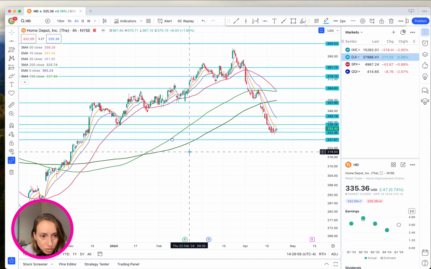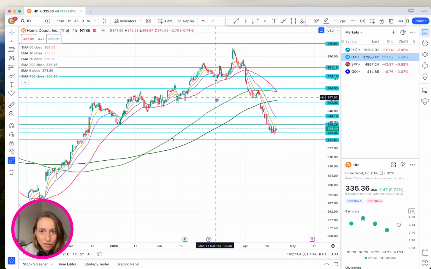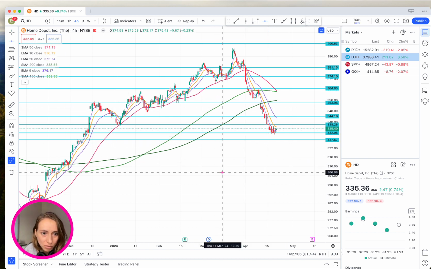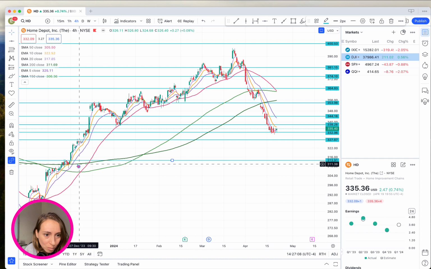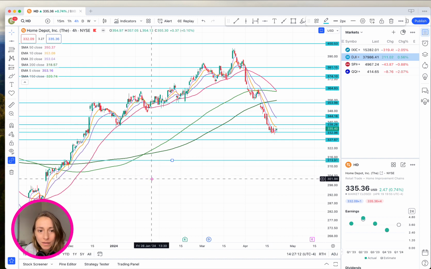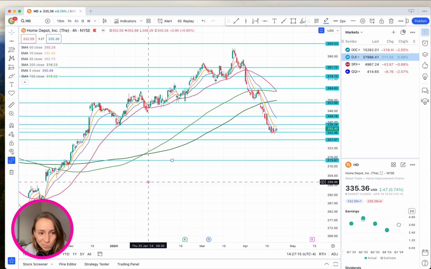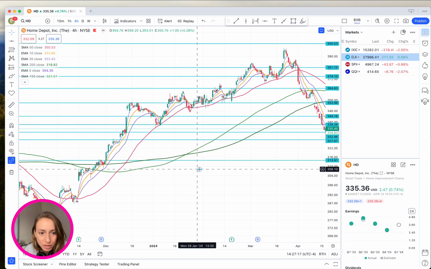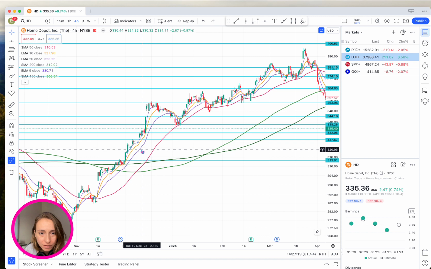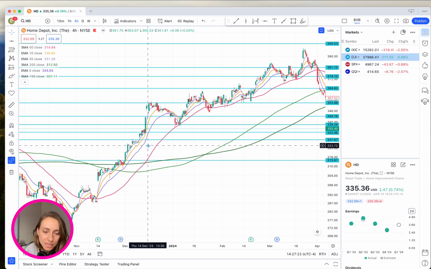And where else would I draw? Oh yeah, right there. I like that. I like these consolidated areas because the price struggles there. The price struggled, it rejected a few times, and then it finally found support. That would be my next area. If I were taking a closer look, you can put lines just about everywhere: it tested there, it tested there.